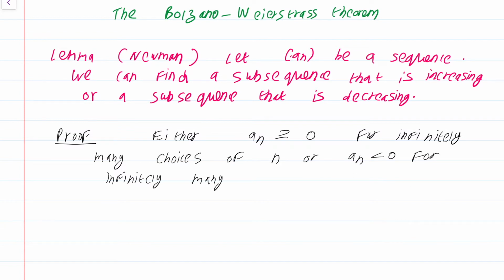In all likelihood, both might happen as well. It is possible that a sequence has infinitely many positive terms and infinitely many negative terms. But the catch is at least one of these properties must hold.